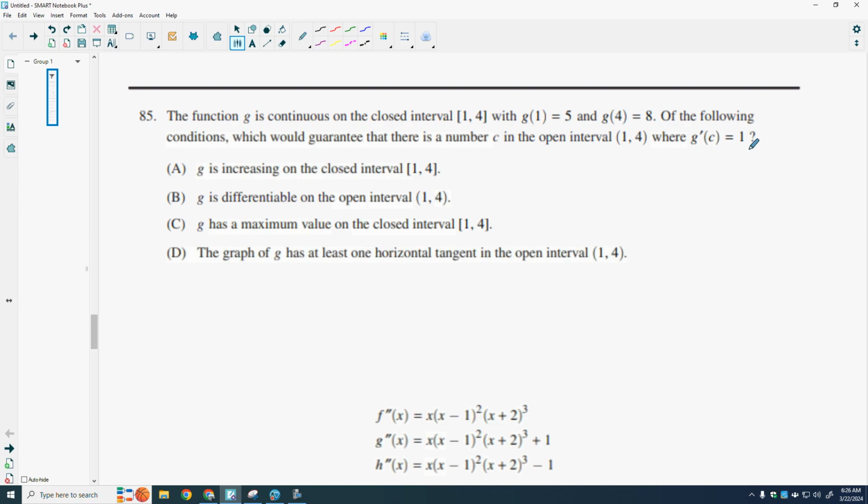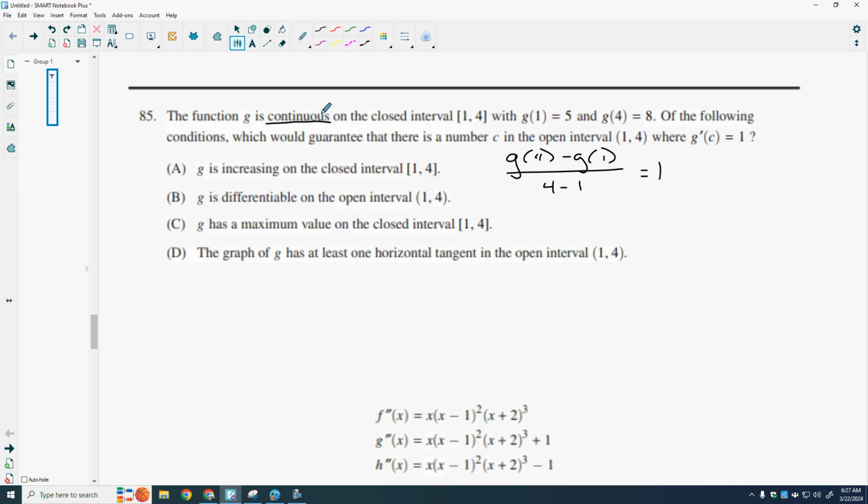Hopefully it looks like mean value theorem. The average rate of change, G of 4 minus G of 1 all over 4 minus 1. The average rate of change equals the instantaneous rate of change somewhere in the interval. So this is mean value theorem. So of the following, which would guarantee? So what do we know? We know it's continuous.